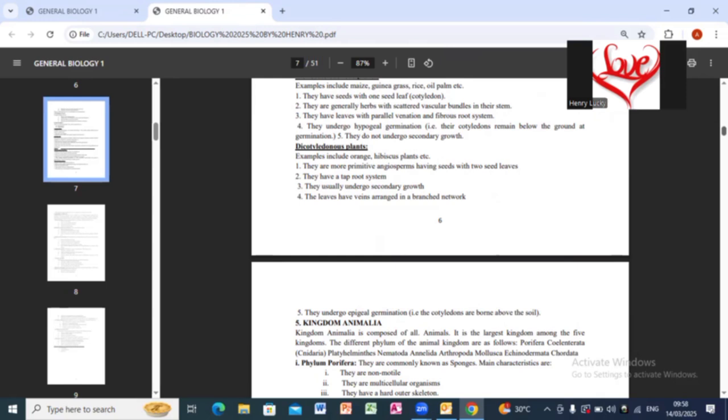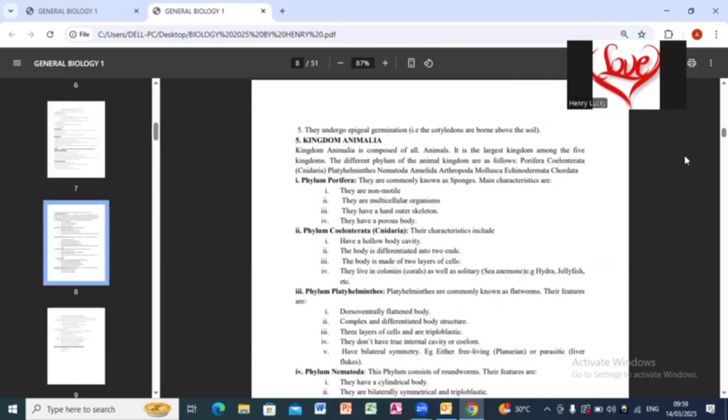They have different morphological classification, different structures, different ways of reasoning. Now, the kingdom Animalia can be looked into in these categories: the porifera, the coelenterates, the platyhelminthes, the nematodes, the annelids, the arthropods, the molluscs, the echinodermata, and also the chordata. These are the classifications in the kingdom Animalia.